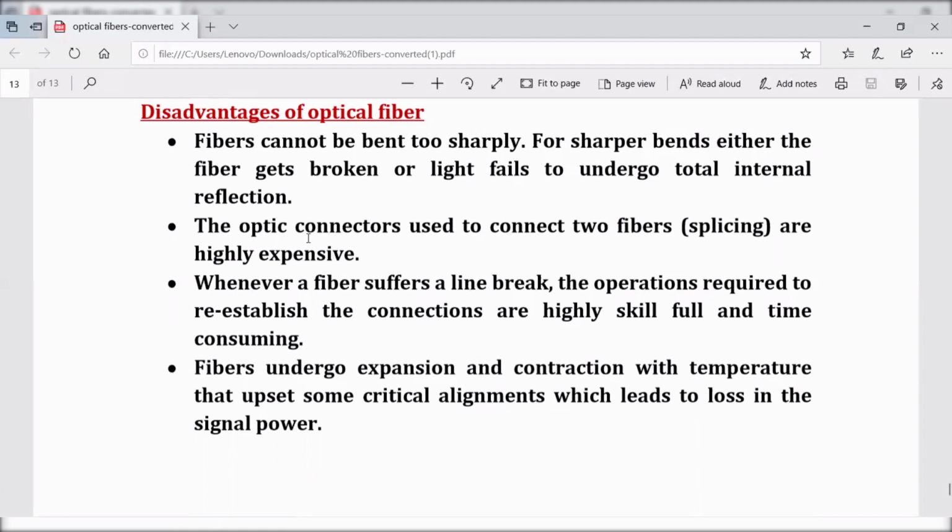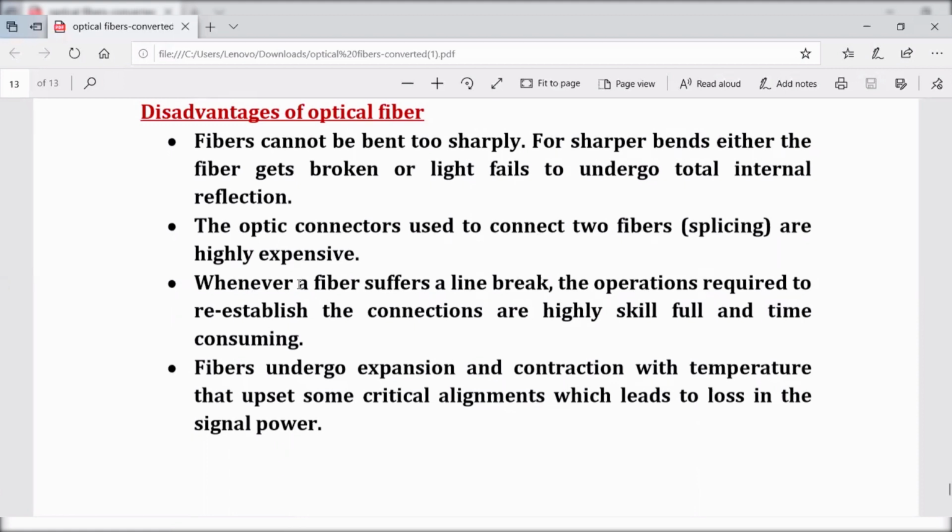The second disadvantage is the optic connectors used to connect two optical fibers, that is, splicing. Those optic connectors are highly expensive. That is also one of the disadvantages.